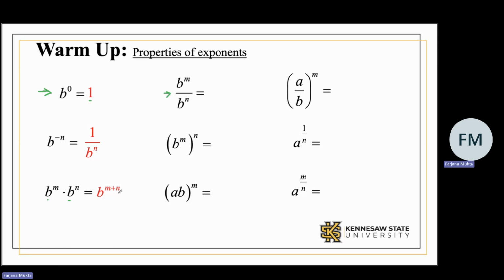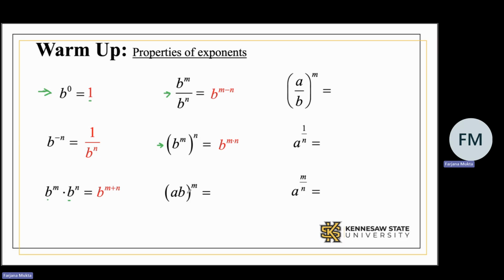For multiplication, we add the exponents. For a quotient, we subtract the exponents. What if we have an exponent on top of another exponent? We multiply the exponents. So as you can see, b raised to m times n.